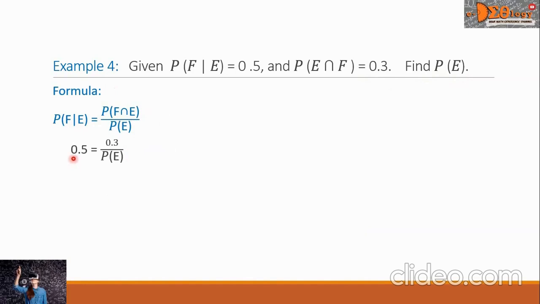So we have now 0.5 equals 0.3 over P of E.